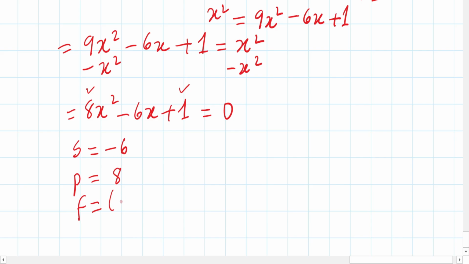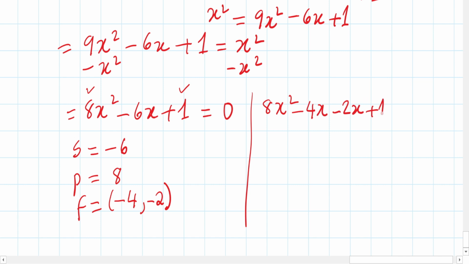Those two numbers are negative 4 and negative 2. But since the coefficient of x squared is not 1, just use the long method. And the long method will involve splitting the negative 6x into negative 4x and negative 2x, plus 1 equal to 0. Now, obviously, factorize.